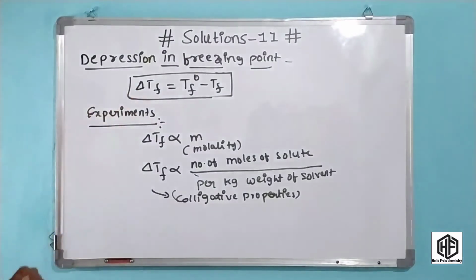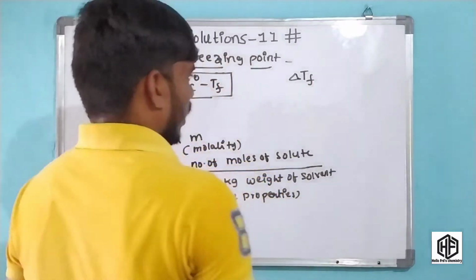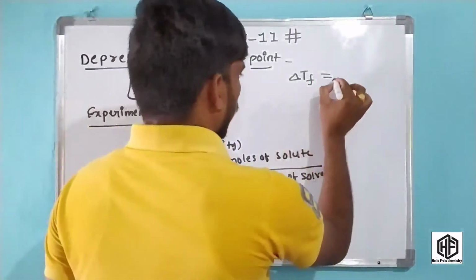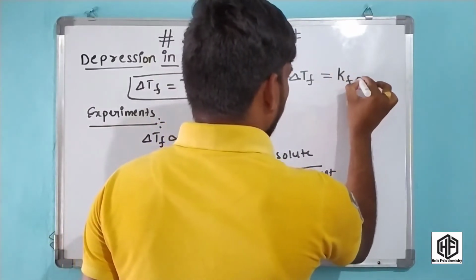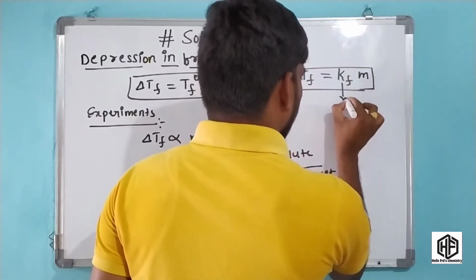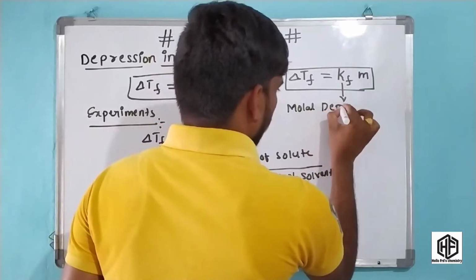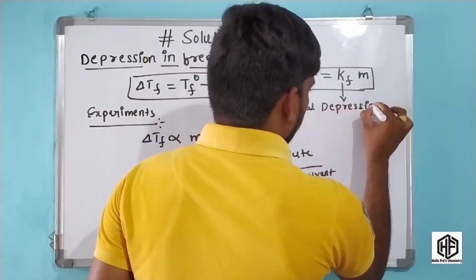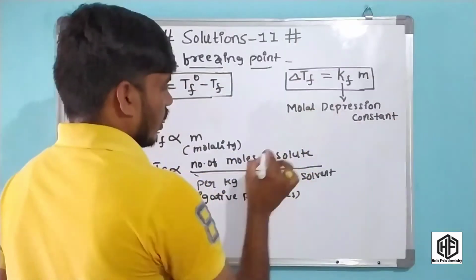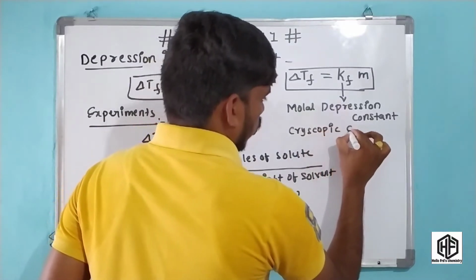Now one more important formula. ΔTf is equal to Kf into small m, where the proportionality symbol is eliminated. What is Kf? Kf is the molar depression constant or cryoscopic constant.